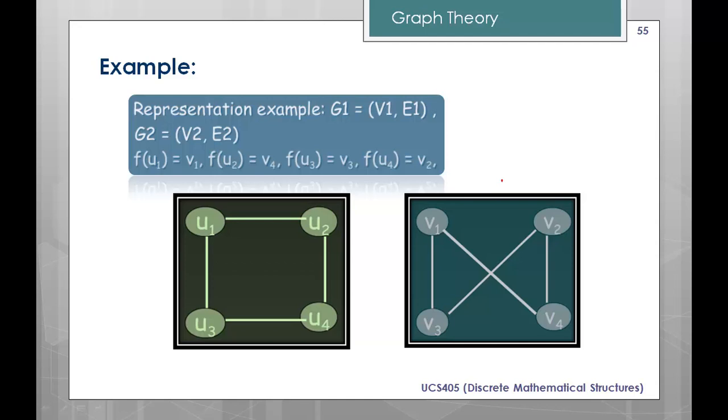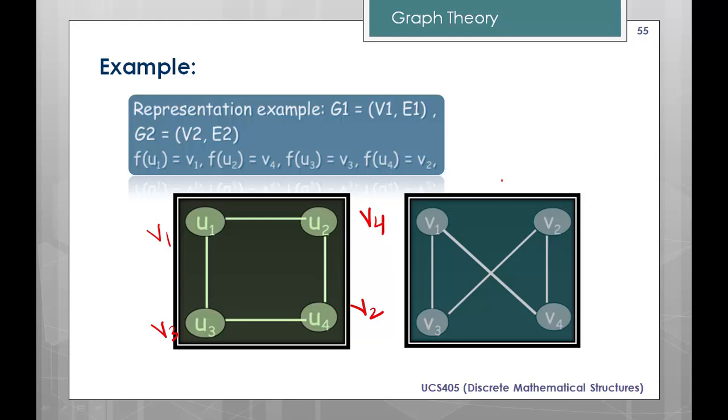Both graphs have an equal number of nodes, an equal number of edges, and the same degrees. Now we have to check the mapping. U1 is mapped to V1, U2 is mapped to V4, U3 is mapped to V3 and U4 is mapped to V2.